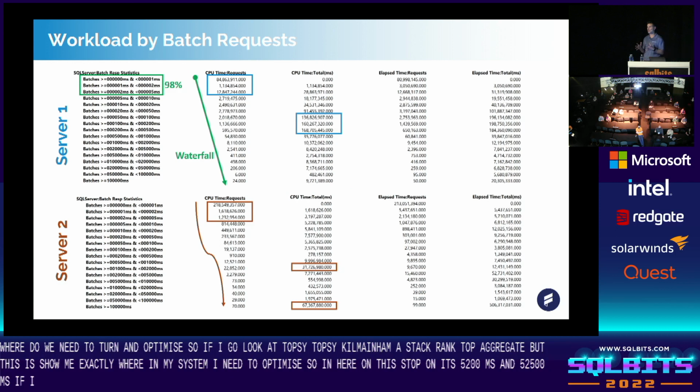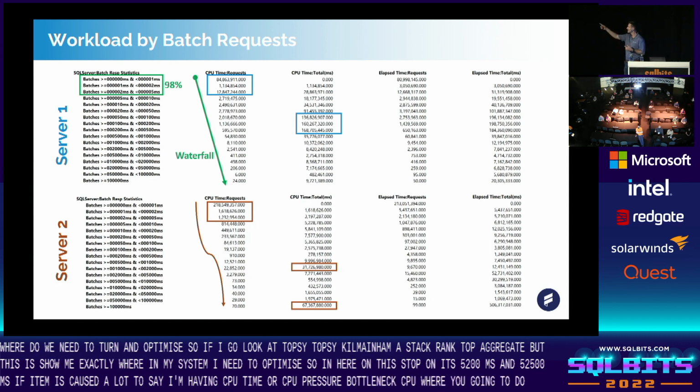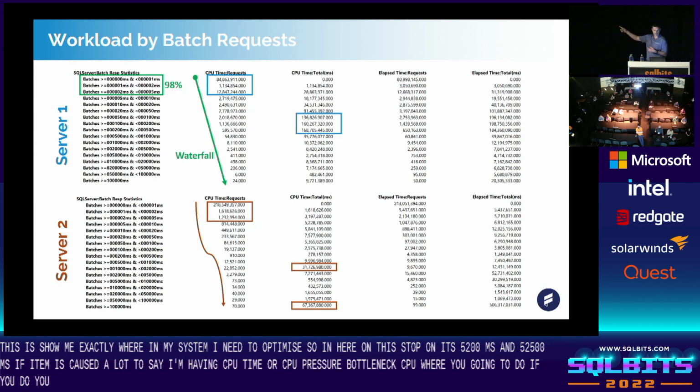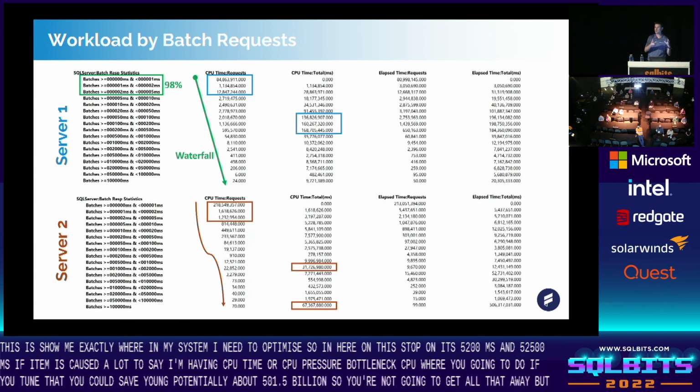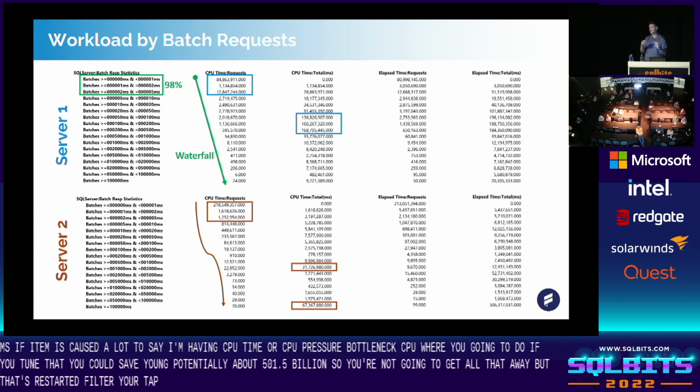If I tune those calls, and let's say I'm having CPU pressure, so you say, wow, our bottleneck is CPU, where are you going to tune? If you tune that, you could potentially save about 1.5 billion CPU cycles. You're not going to get all of that, but that's where you start to filter your top SQL too, and you're going to be a lot more on the mark when you actually tune.